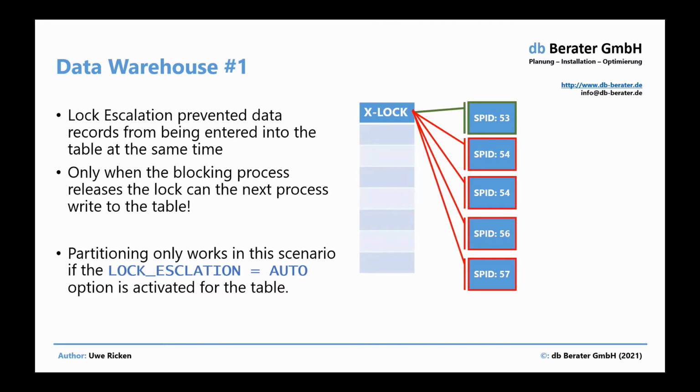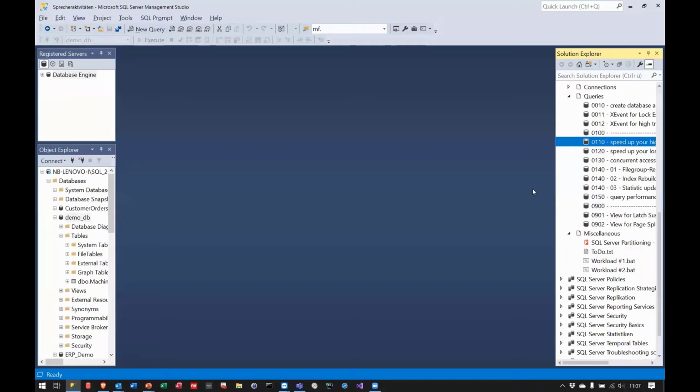We immediately decided to run this on partitioning, but partitioning itself, only partitioning, is not the solution here. When you're running with partitioning and you want to prevent lock escalation on the table level, then you have to set the lock escalation to auto. But let me show you how this will work.